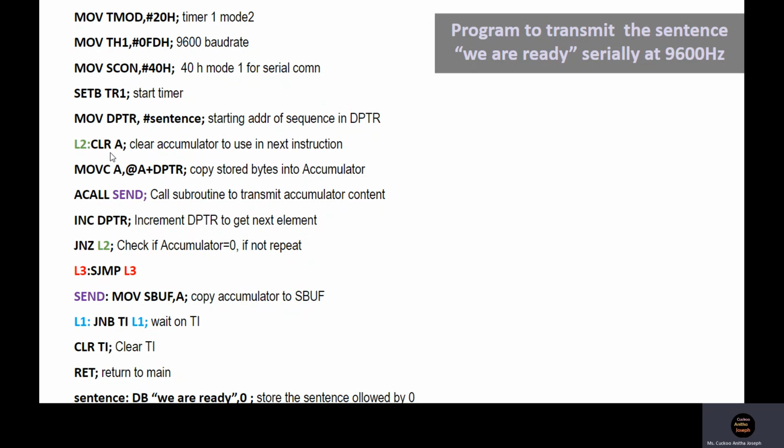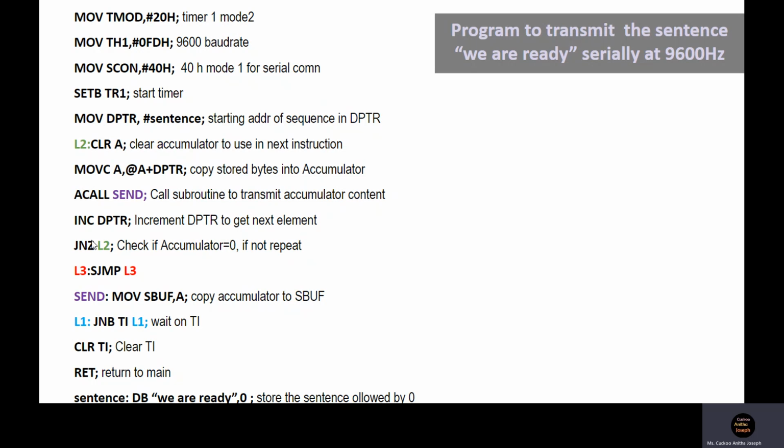So the next step is to clear the accumulator, so that it can be used in the next instruction. So MOVC A, @A+DPTR will now point to the next byte of data, or the next letter in the sentence. Now that has been copied into the accumulator. Then we can call the subroutine to send it serially.